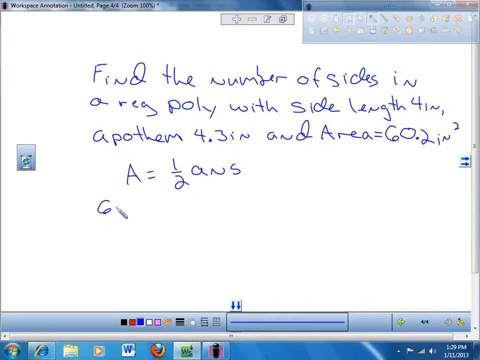So 60.2 equals 1/2 times A, which is 4.3, times N, which I don't know, times S, which is 4.